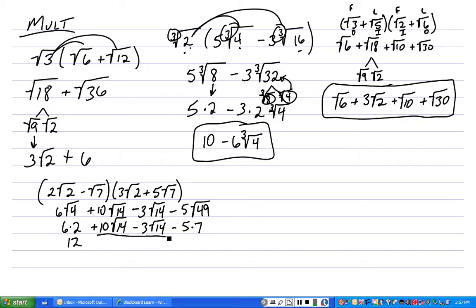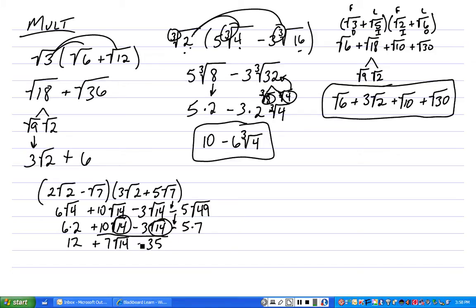These two right here can be combined because they're both square root of 14s. So I can say 10 minus 3 will give me a positive 7 square root of 14. And then now here I have this 5 times this 7, which is 35, and you have your minus sign, right?